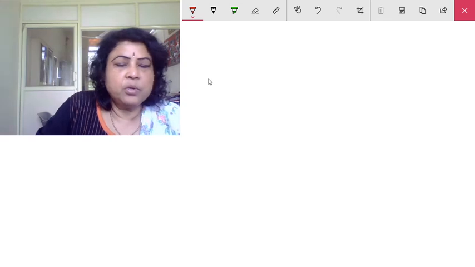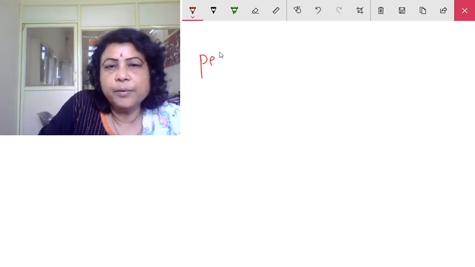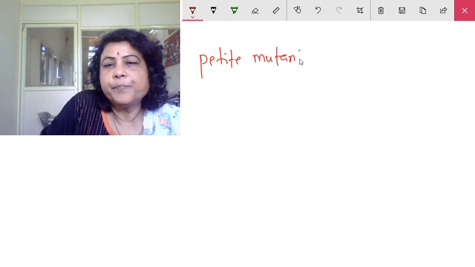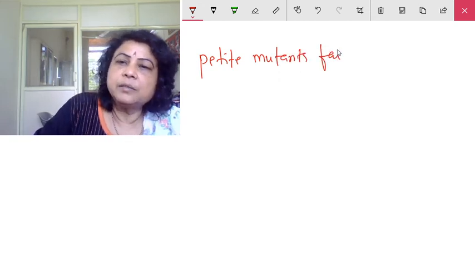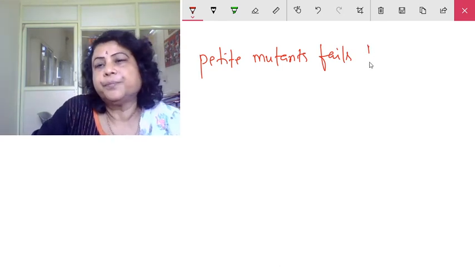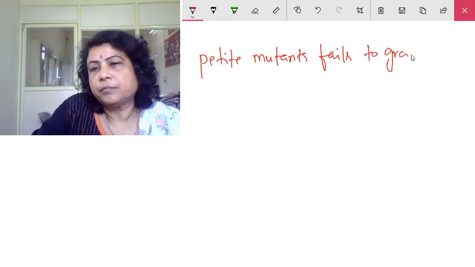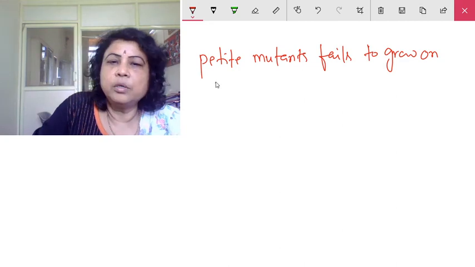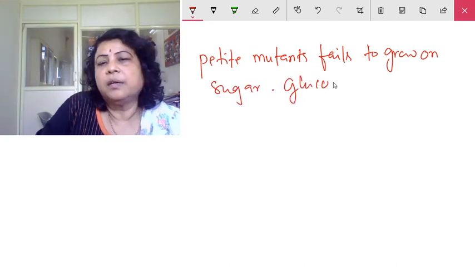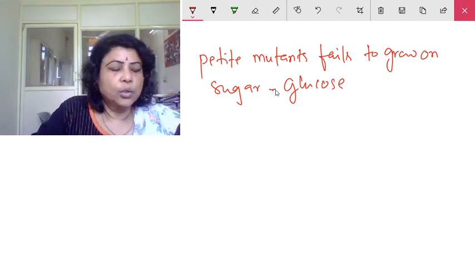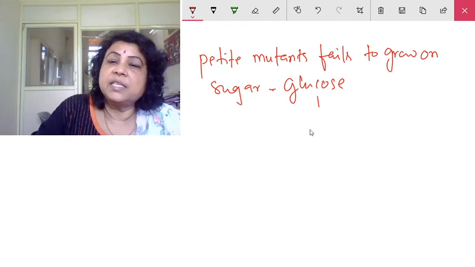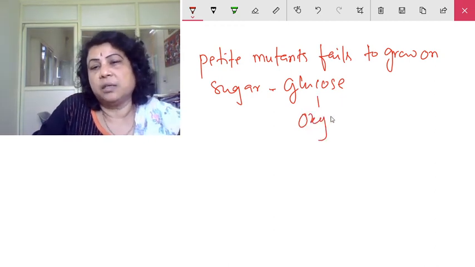These petite mutants fail to grow on sugar like glucose. Okay, they fail to grow on glucose, particularly in the presence of oxygen.